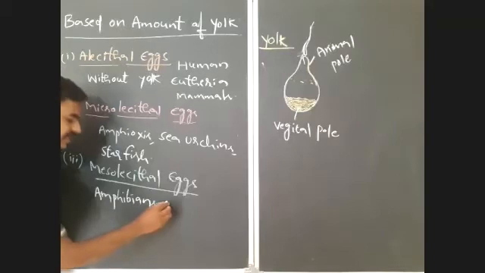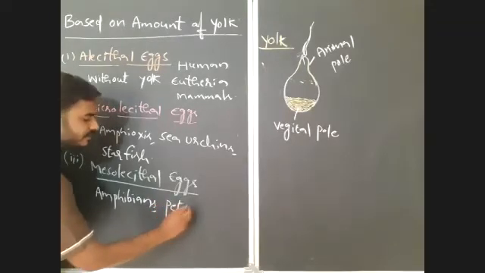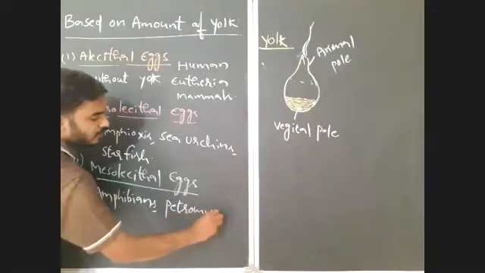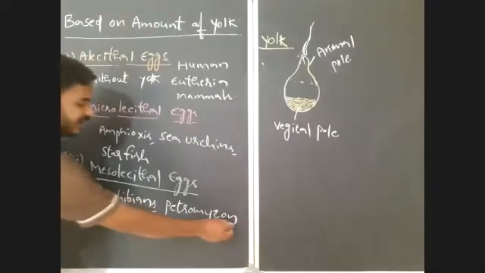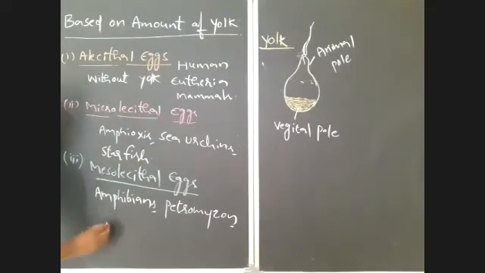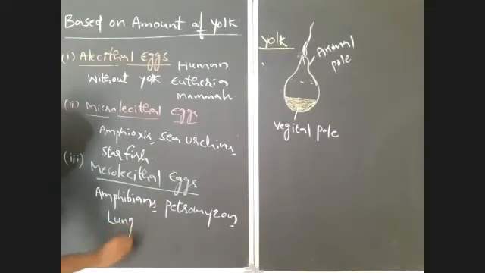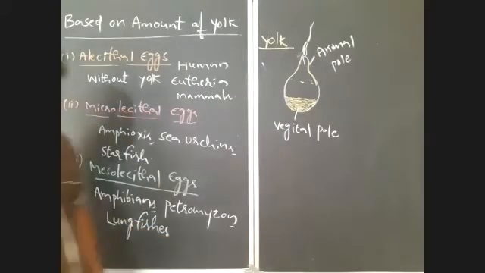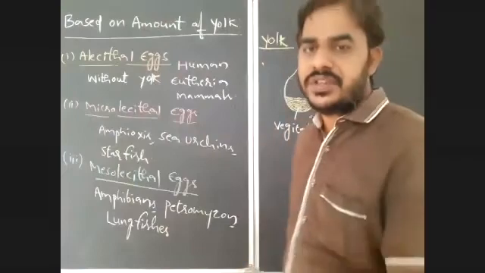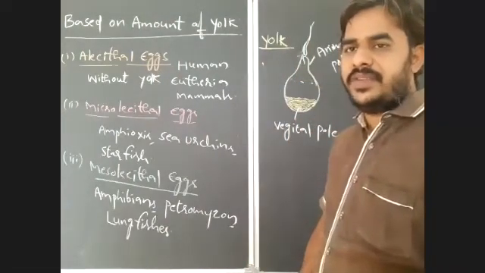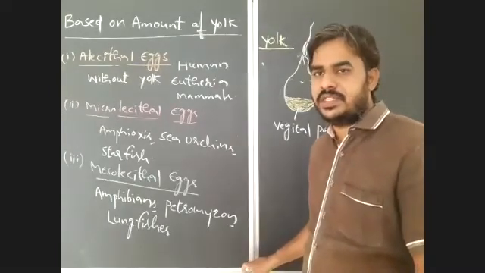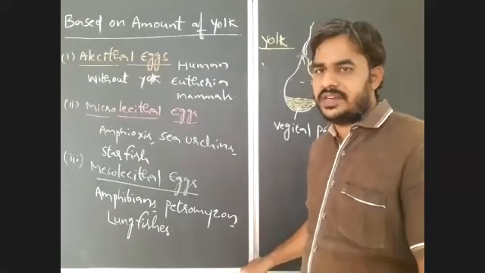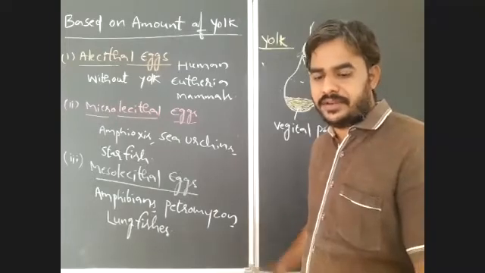And we can notice this in Petromyzon and even in lungfishes. So in Petromyzon, lungfishes and amphibians, we will notice mesolecithal eggs. Is it clear? So I gave you three types.